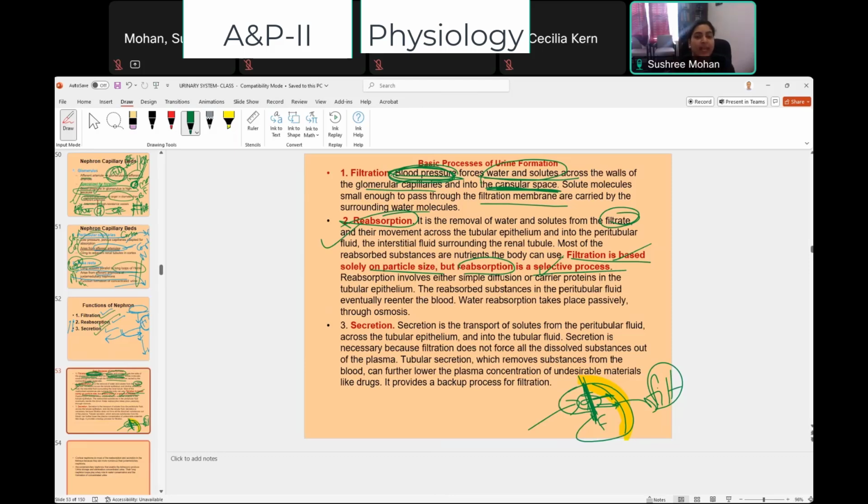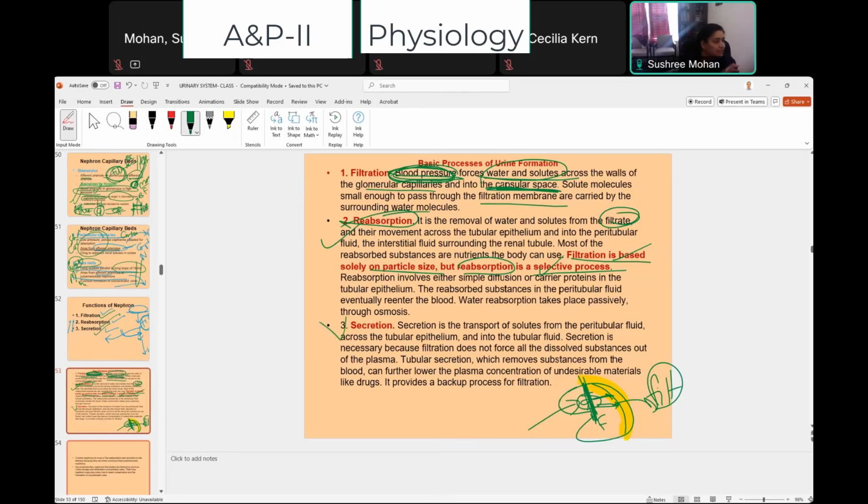Now, if the person has had diabetes for 30 years and his filtration mechanism has become weak and there is poor kidney function because of chronic CKD, then the proteins will leak through the filtration membrane, which they should not do in a healthy person. When they leak, they will show up in the urine, and the urine report will say albumin present. And these are signs of poor kidney functionality.